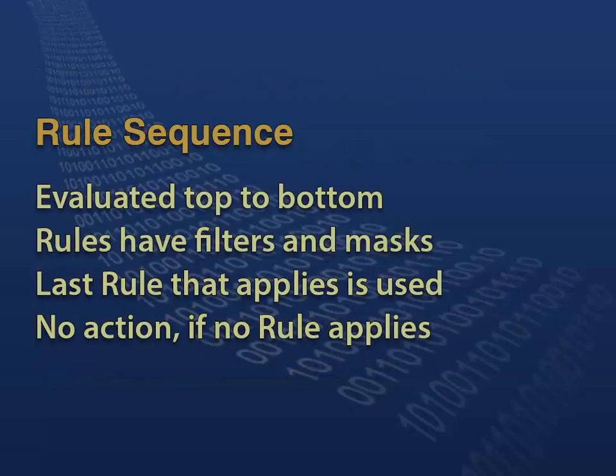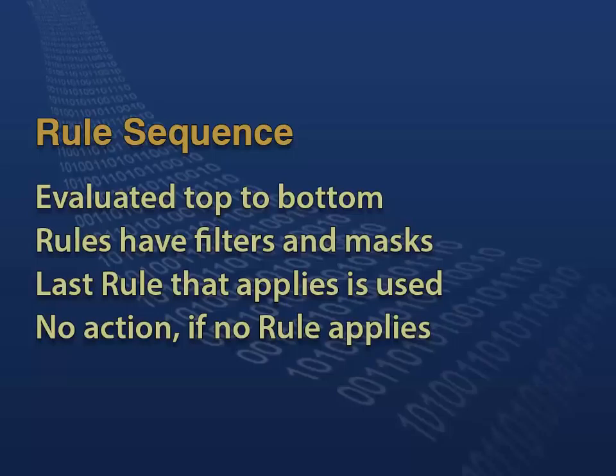Within a job, rules are used to define the actions to be taken on your files. Multiple rules can be used. The rules are processed in sequence, evaluating from the top to the bottom of your rule set. Each rule can have filters and masks to determine whether or not that filter applies to a specific file or folder.